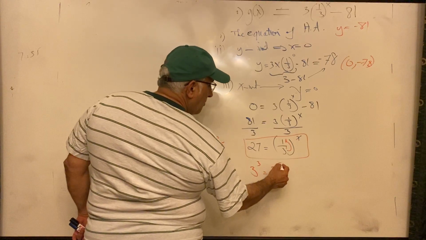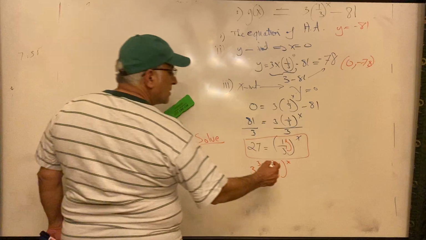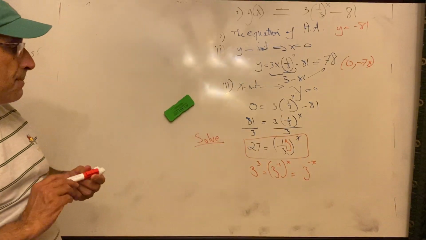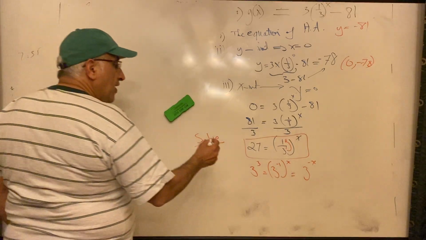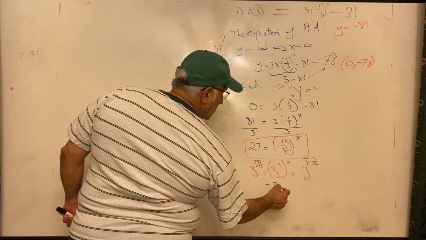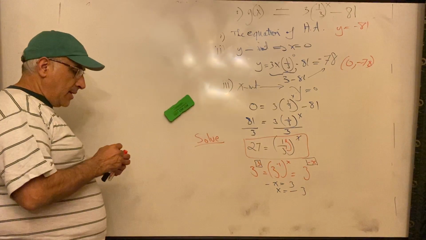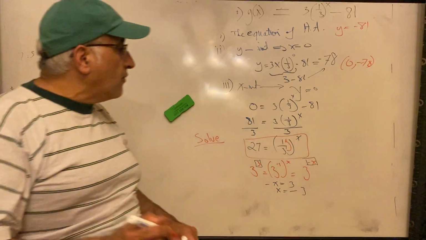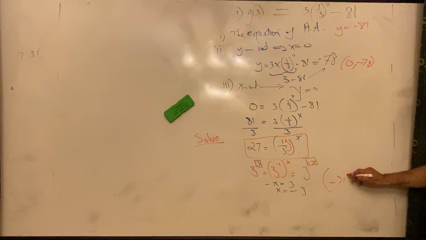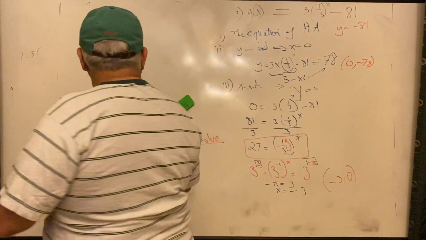It's going to be 3 to the power minus 1 all to the power of x, which is 3 to the power negative x. Now, since the bases are equal, I will have to equate the powers. Minus x equals 3, x equals negative 3. So the coordinates of the x-intercept are (-3, 0). You've got to be good in algebra.